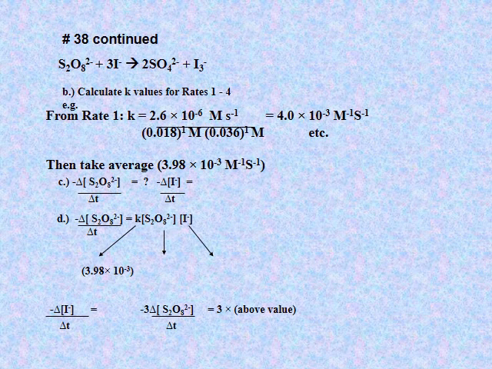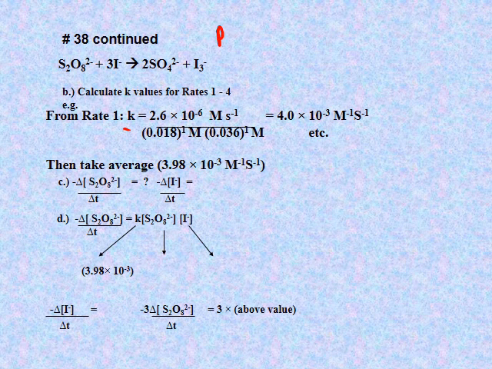We are continuing this problem from the last slide. Now remember that there are 4 rate expressions and the values. So I'm going to use one of those to calculate rate constant K. So this is the rate constant K for that particular rate 1. Now let me just copy that number.